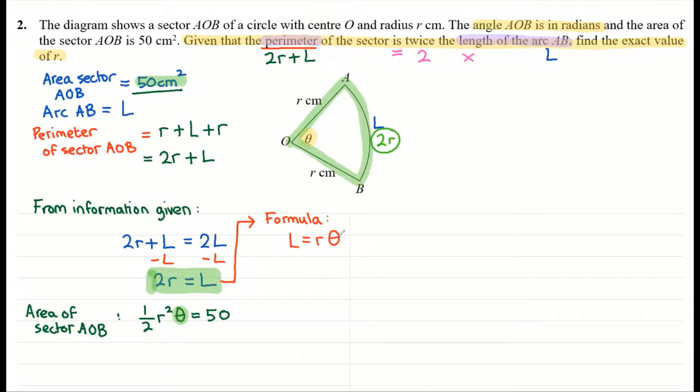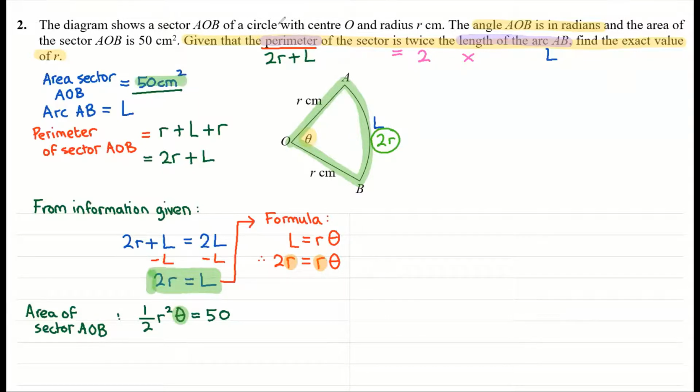So therefore, 2R in this case must be equal to R theta. Now, isn't that fantastic? Now the R's are going to cancel. So the R here and the R here are going to cancel. So that means that our angle theta must be 2.